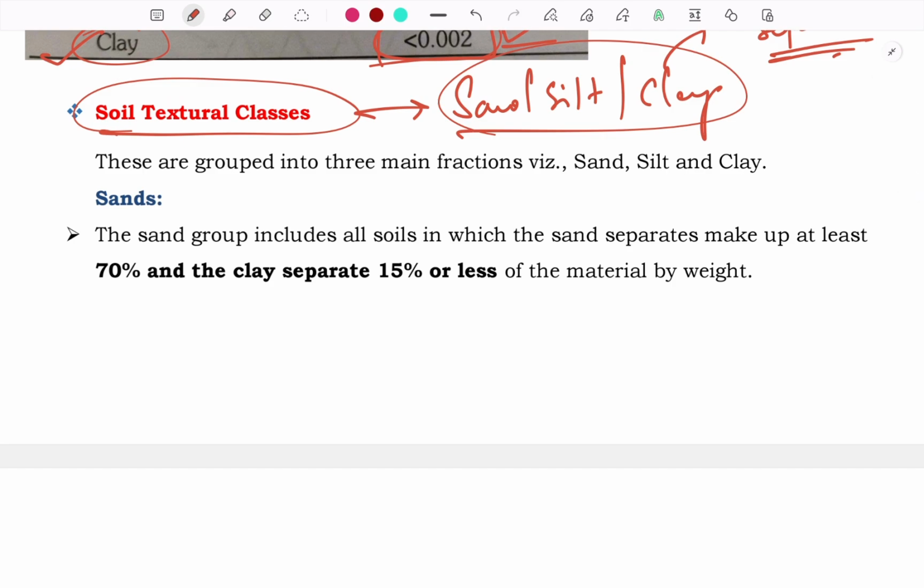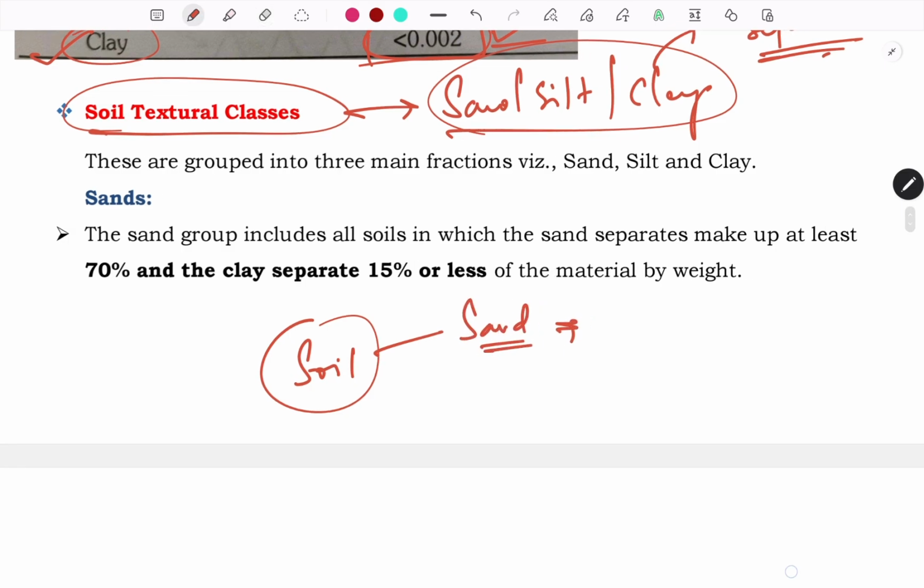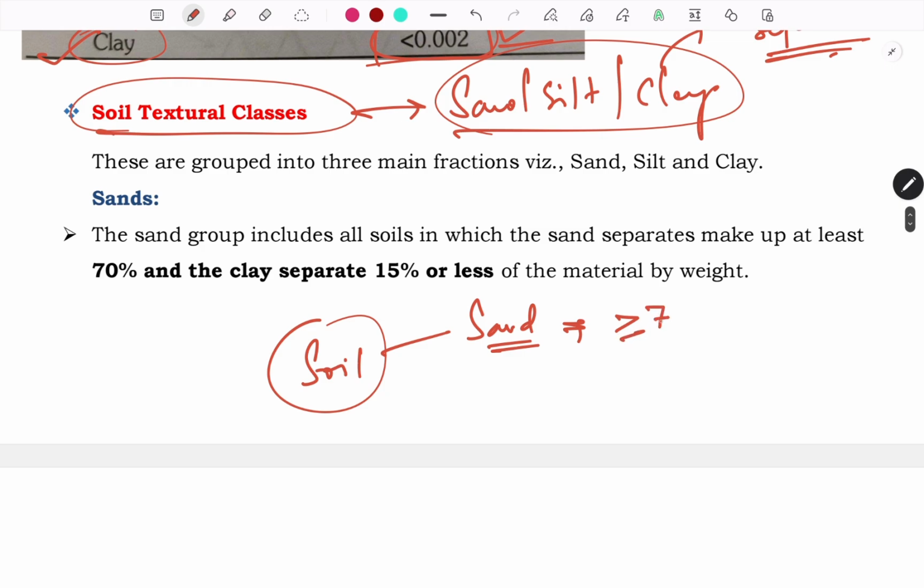How can we say the soil is sandy soil? If the sand percent is more than or equal to 70%, then only we can say this soil is sandy soil.